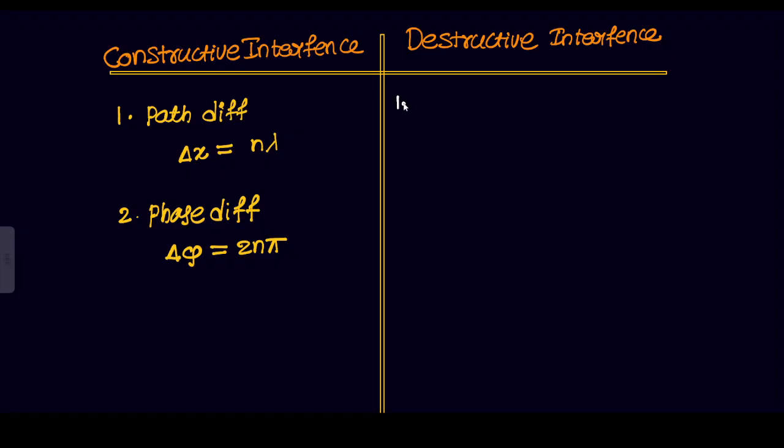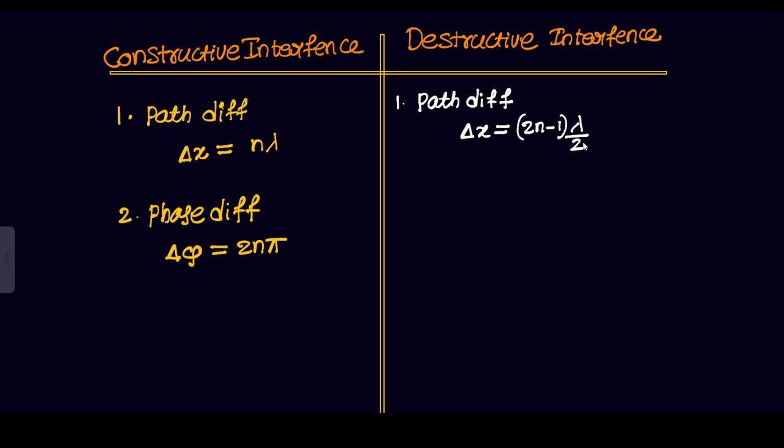Next, destructive interference. For destructive interference, the path difference delta x is how much? Here, instead of n lambda, it is 2n minus 1 into lambda by 2. Odd multiples of lambda by 2.